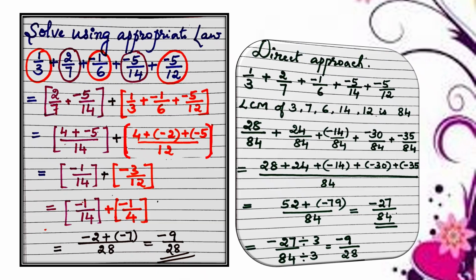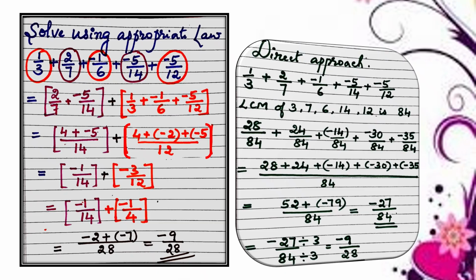Among the 5 given, the 3 which are colored in orange have the denominators 3, 6 and 12, and the LCM of these is 12. So keeping that in mind, let us combine the 3 numbers, 1 by 3, minus 1 by 6 and minus 5 by 12. So take the LCM 12 and separately simplify.